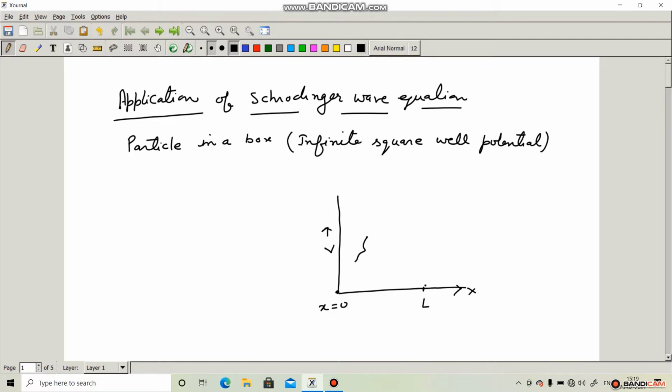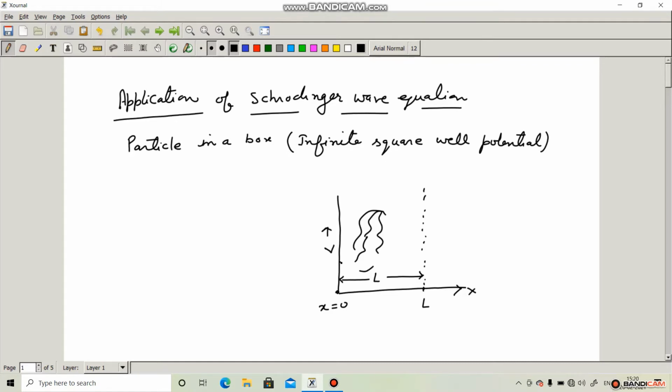This line represents the wall or terminal of this well, and the particle is moving inside this well, and we can consider that the width of this well is L. This is the width.